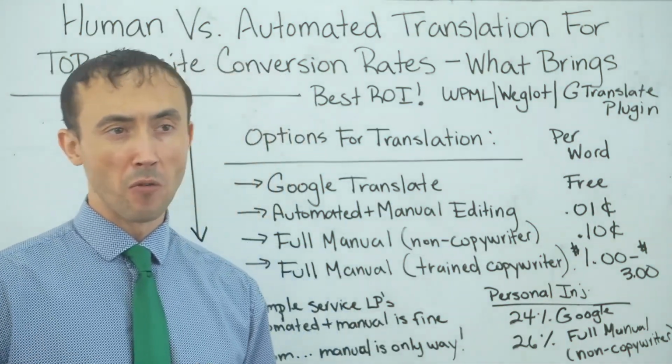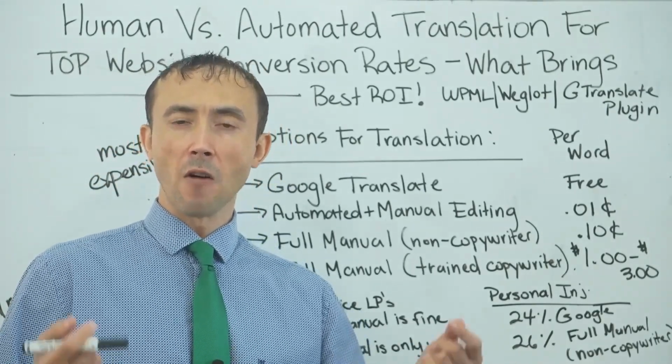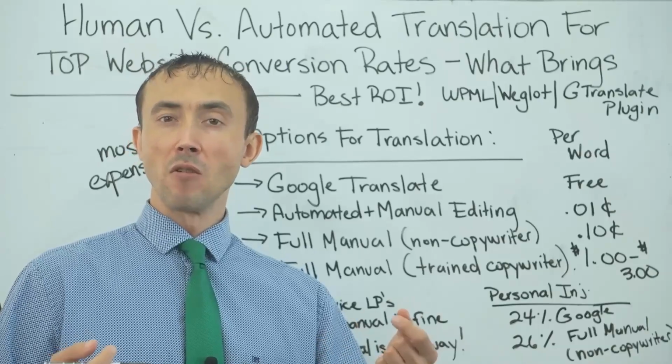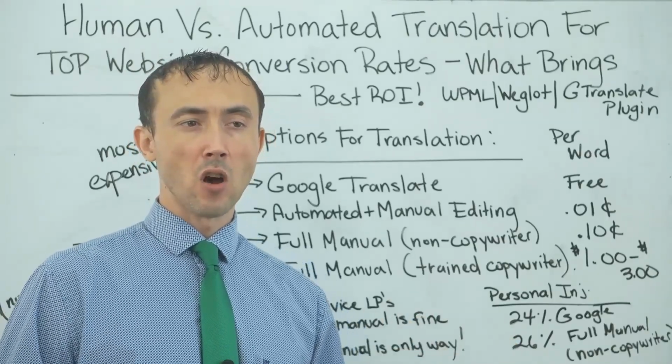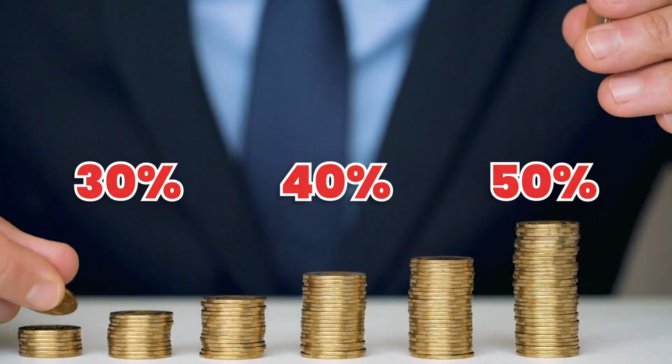You're only one of a couple people versus 10, 20, 30 people who have a website offering that product or service in general that's offering it in Spanish. So realistically, 30, 40, 50% of your profit could be from the Spanish speakers if you just cater to the Spanish speaking crowd and you do it right.